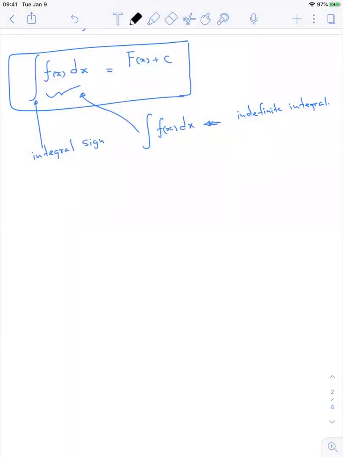Normally this function f(x) is called the integrand. Once again, you don't need to remember these things, but just get used to those words. Integrand, and this x right here, here and here, that is the variable. That x we normally call the variable of integration, right?